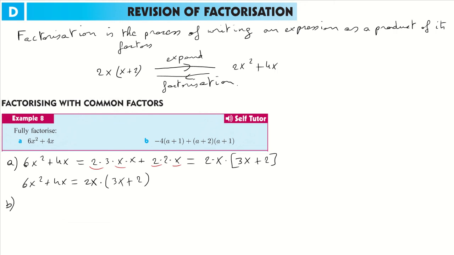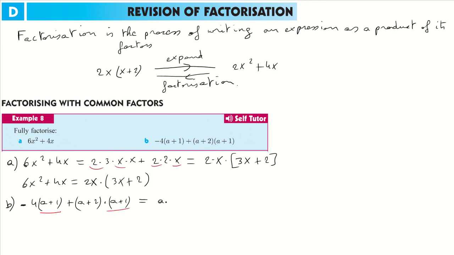And then b. Minus 4 times a plus 1 plus a plus 2 times a plus 1. The common factor is, in this case, the a plus 1, because we have them in both terms.